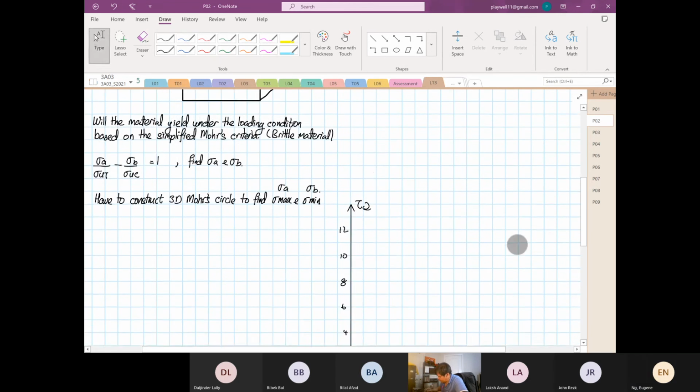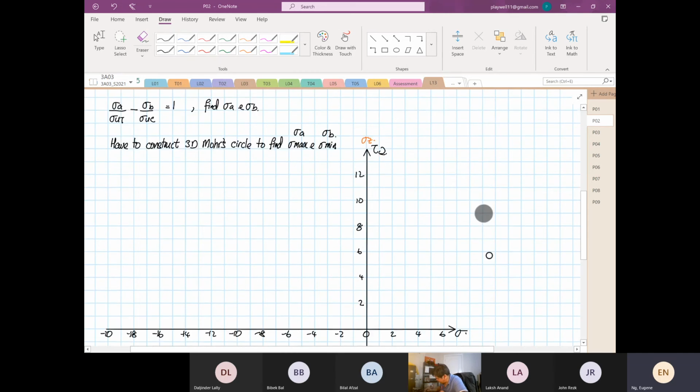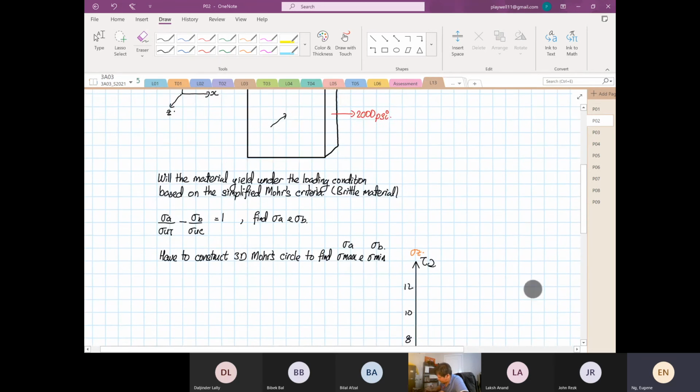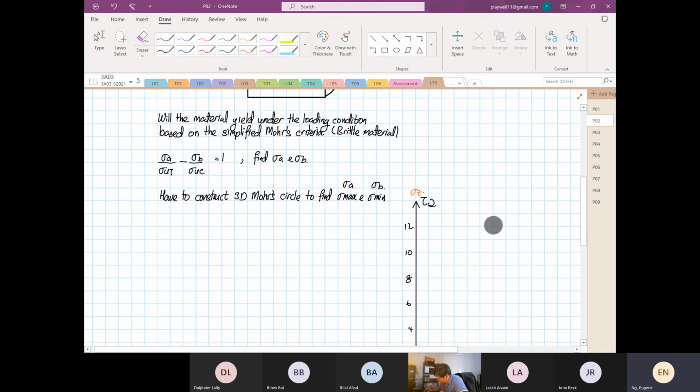Right. So we know that stress Z is on this line, and in fact, we can draw our point Z. So we know that point Z is over here. What do I mean by Z? This is my X, Y, and this is the Z.